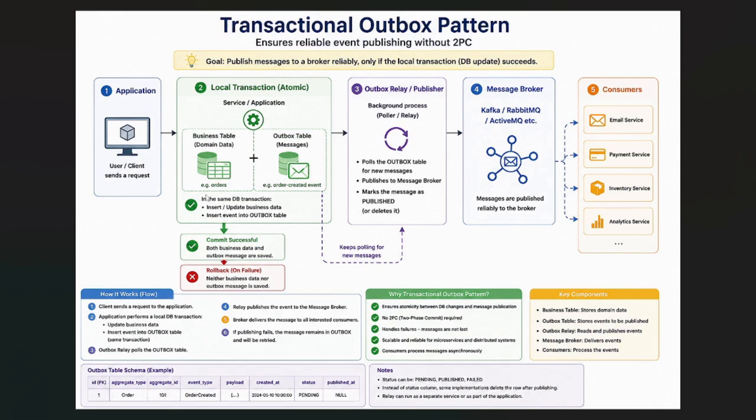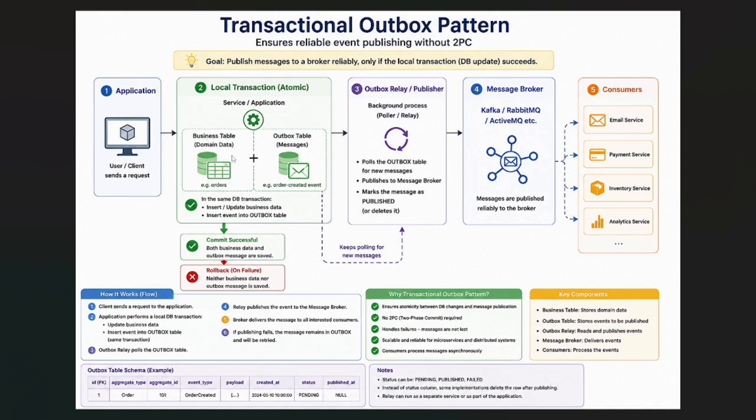But say while I'm putting it into the message broker, it fails. It can happen, right? The instance can restart or anything can happen. So the data was committed and the order was created, but there is a break in the flow. Your queue didn't get the information that the order was created, and these consumers didn't know. So this is one problem that we face.